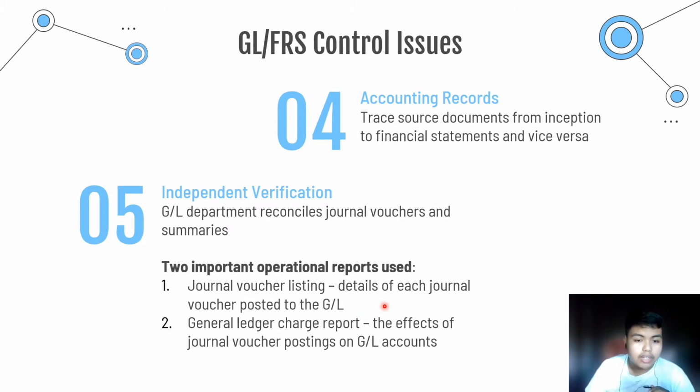Second is the general ledger change report, and it contains the effects of journal voucher postings on GL accounts. Itong dalawang operational reports na ito ay ginagamit para tama yung pagre-reconcile ng journal vouchers at saka summaries. Saka for internal control na din.